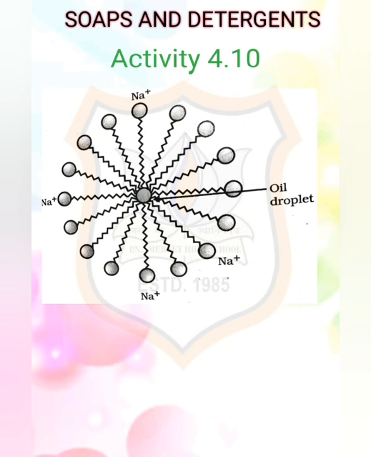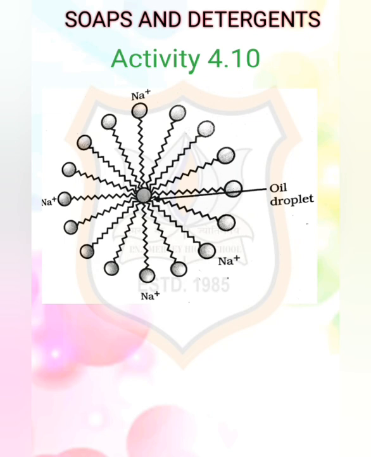Most dirt is oily in nature, and as we know, oil does not dissolve in water. The molecules of soap are sodium or potassium salts of long chain carboxylic acids. So the ionic end of soap interacts with water while the carbon chain interacts with oil.